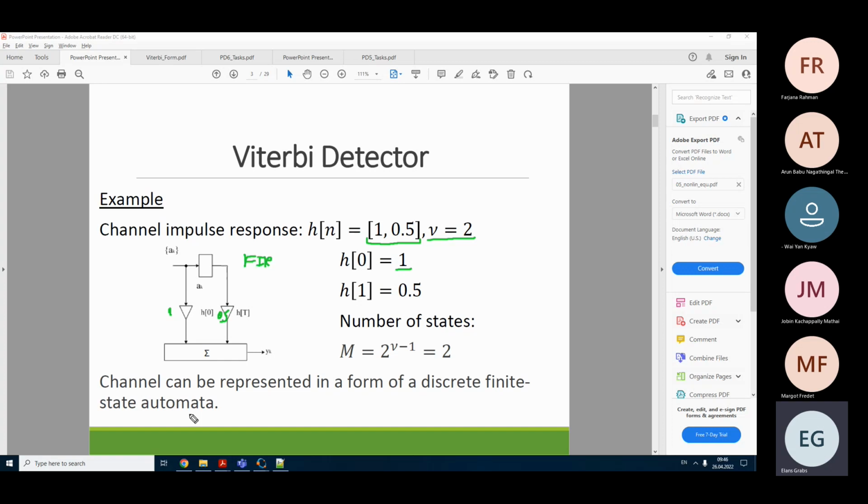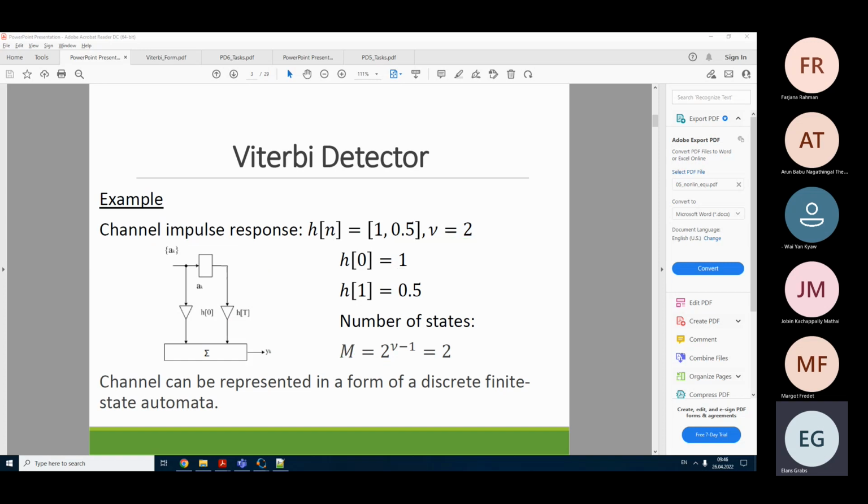Accordingly, once we send here 1, the first value is going to be 1, and the second value is going to be 0.5, followed with zeros, of course. So we are going to have 0, 0, 0, 1, 0.5, and then 0, 0, 0. That's the impulse response of our filter, and this is exactly how our channel works.